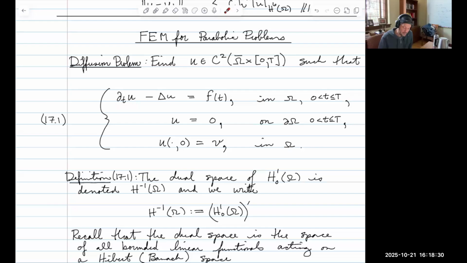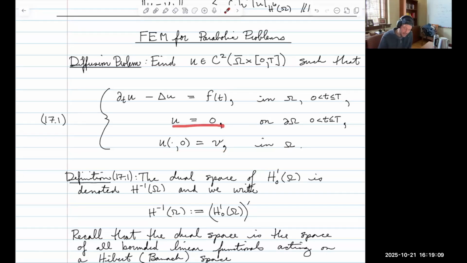Partial derivative of u with respect to t minus the Laplacian of u is equal to some given function f in omega, for all time between 0 not inclusive and capital T inclusive, where u is equal to 0 on the boundary of the spatial domain omega for all t greater than 0 and less than or equal to capital T, such that we have the following initial conditions.